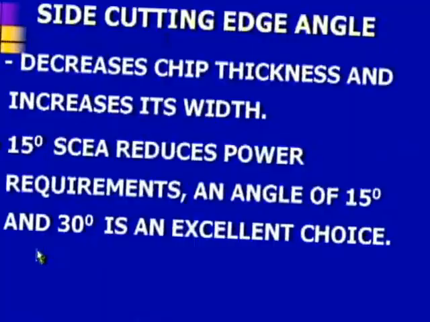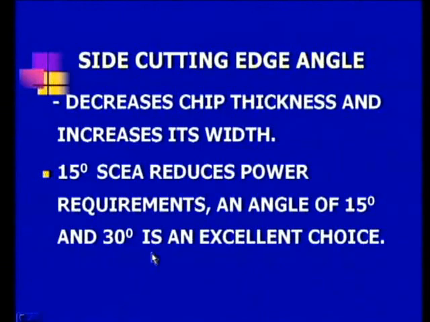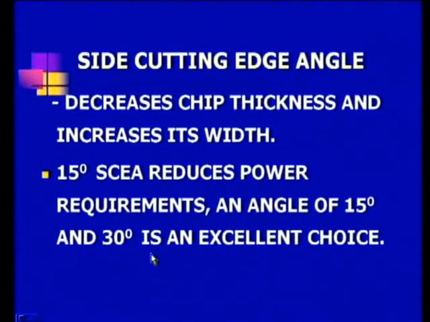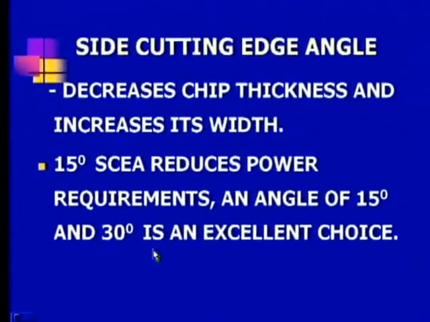So generally the side cutting edge angles taken are 15 degrees and 30 degrees. These two increase the efficiency of the cutting tool. That is why 15 degrees and 30 degrees is generally taken as the final choice.